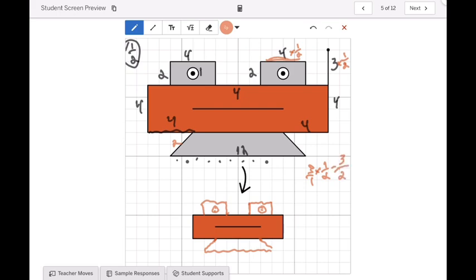That's 3/2, which is the same as saying it's 1.5. So I'm going up 1.5. And there's my antenna.